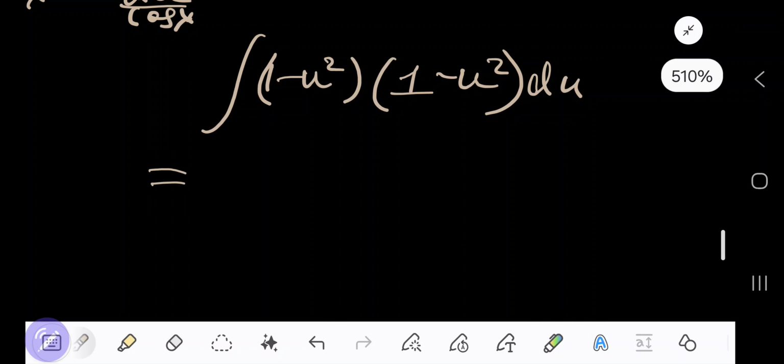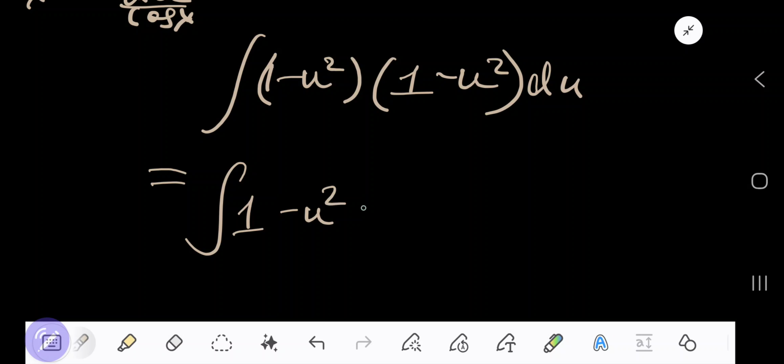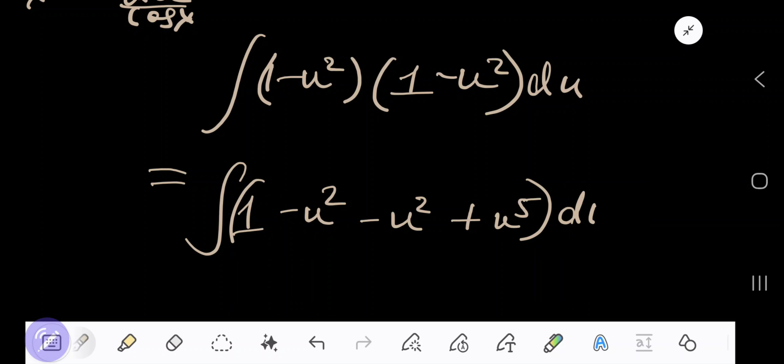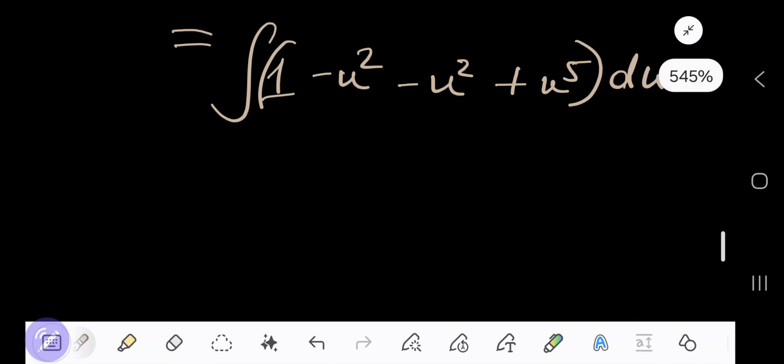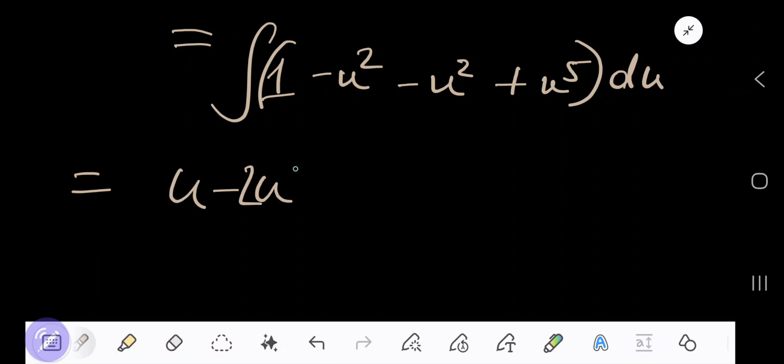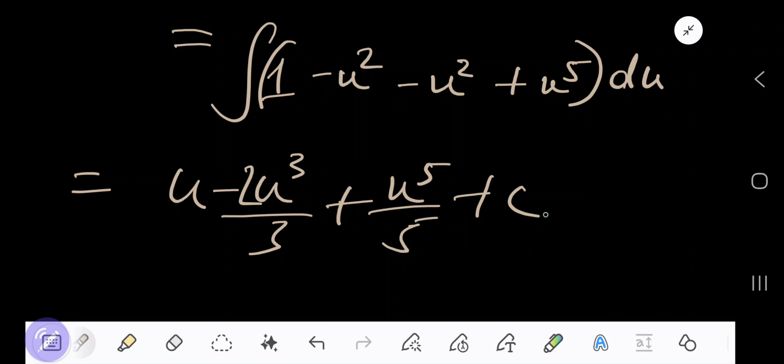Once you multiply this, you will have integrating 1 minus 2u squared plus u to the fourth du. Alright, so this equals u minus 2u raised to the third power by 3 plus u raised to the fifth power by 5 plus c.